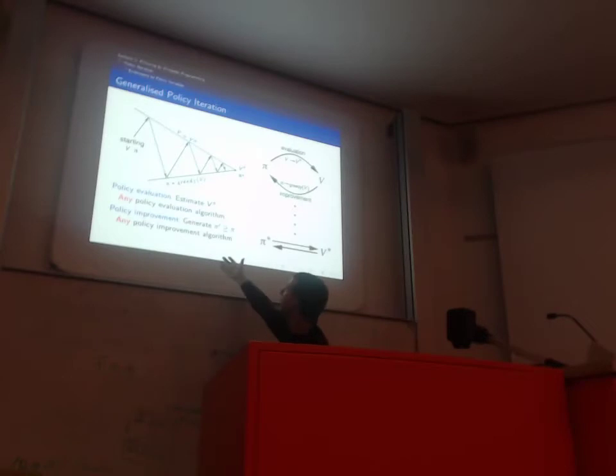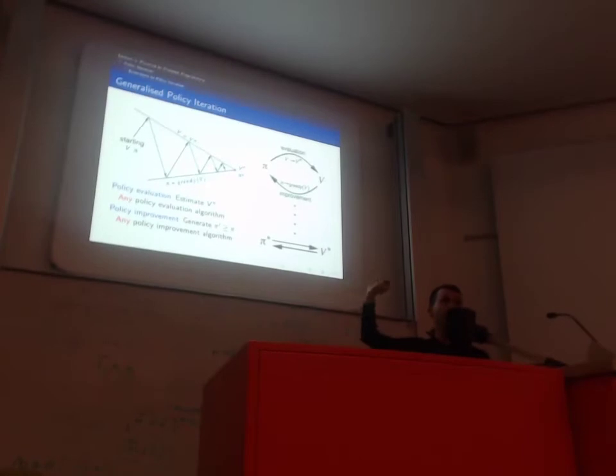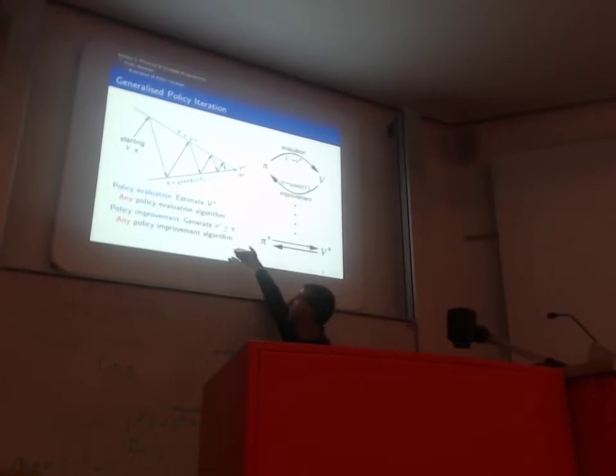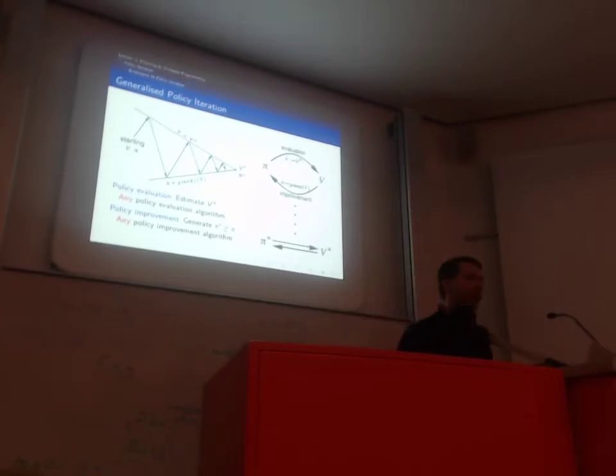And now we can improve that policy in any way we want. As long as we know we're making progress, we're happy. Greedy policy improvement is not the only way. And now we can iterate these two ideas and go round and round, and we'll still converge on the optimal value function and the optimal policy, as long as we're really evaluating the policy and really improving our policy. So that's the idea of generalized policy iteration.